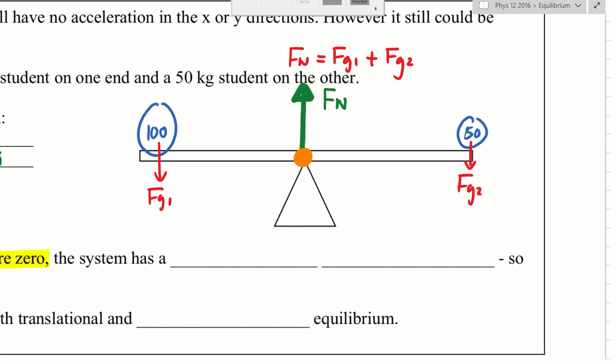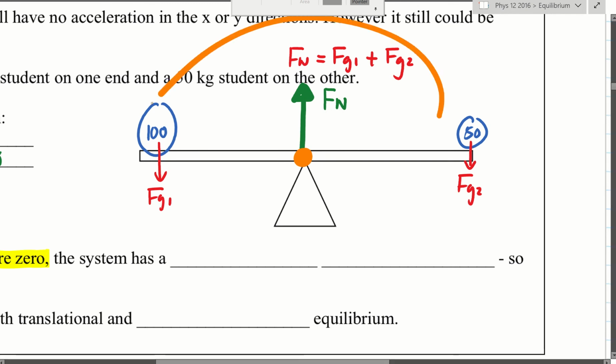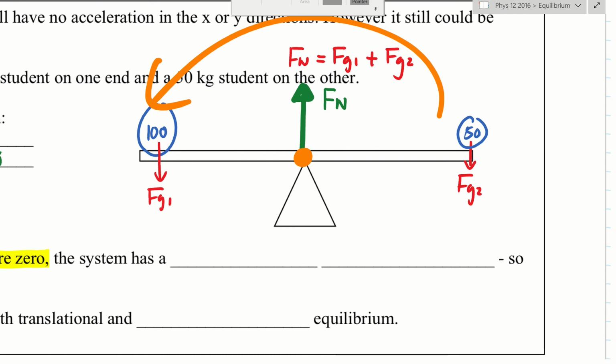But if one side, in this case the left-hand side, is heavier than the right-hand side, wouldn't the system go this way? That's a logical thing to expect, and it will happen. That is exactly what will happen once you let go of the two kids. The 100 kilogram kid on the left-hand side is going to sink lower to the ground, and the 50 kilogram kid on the right-hand side is going to rise up.